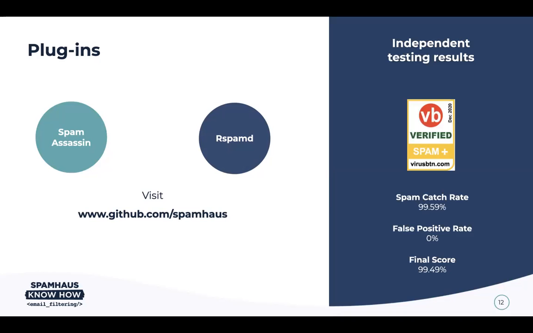And that will allow you to get great results. And it's not just us saying that. The Virus Bulletin has an ongoing testing of various spam filters, and this is the result that they get with the data that we publish, applying it the way we say is the intended use case of the data. Since it's data that we publish, there's always the option to be a little bit more aggressive, to apply certain things in a different way. But this is the way that we think works very well.